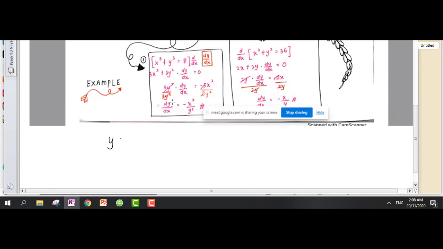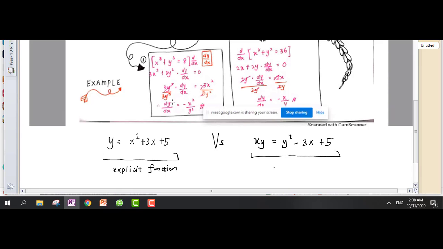When you're given y equals x squared plus 3x plus 5, and the situation for xy equals y squared minus 3x plus 5, this one we call an explicit function, and this one we call an implicit function.